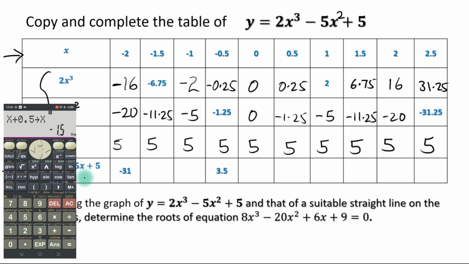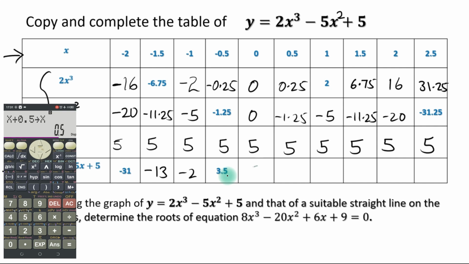When x is minus 1.5, y is minus 13. When x is minus 1, y is minus 2. When x is minus 0.5, y is 3.5, already given. When x is 0, y is 5.